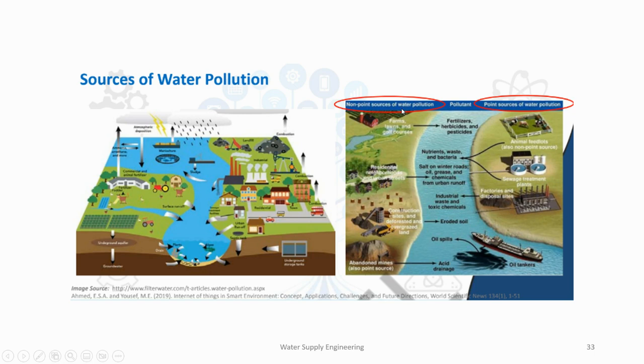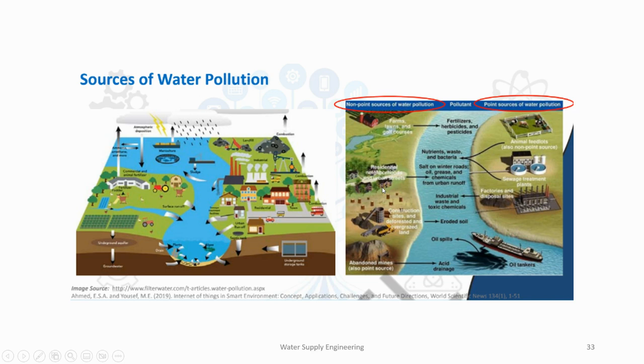So non-point source of water pollution includes farm, agricultural field, golf course, etc., where we are applying fertilizers, pesticides, herbicides, etc., for the growth and protection of our crops, golf lawn, etc. Another non-point source of water pollution is residential neighborhoods and urban streets.